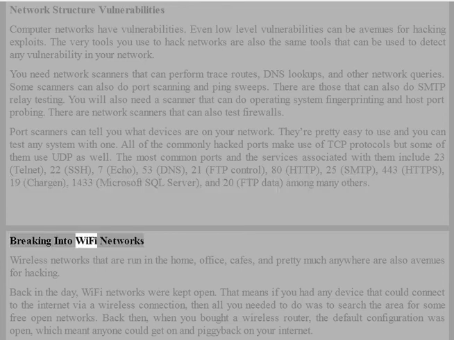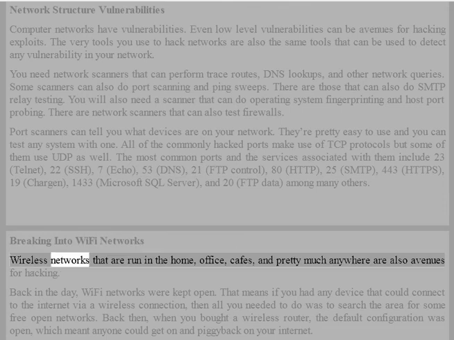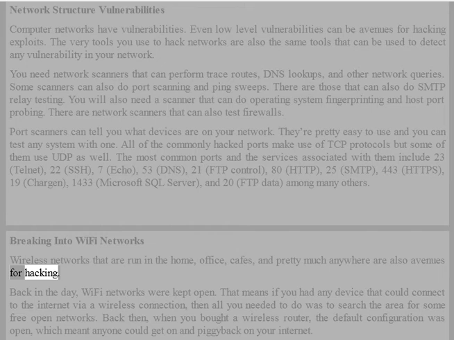Breaking into Wi-Fi networks. Wireless networks that are run in the home, office, cafes, and pretty much anywhere are also avenues for hacking. Back in the day, Wi-Fi networks were kept open.